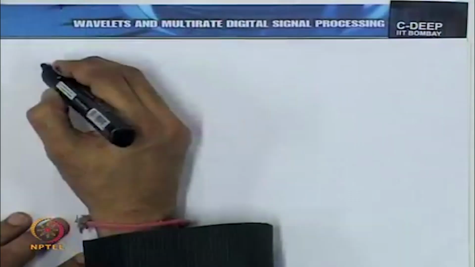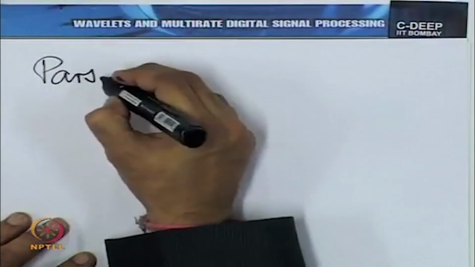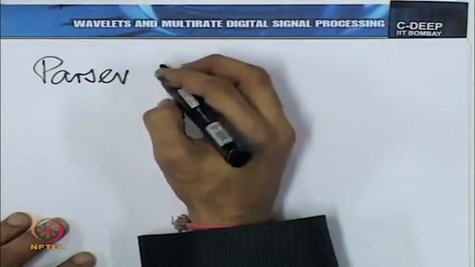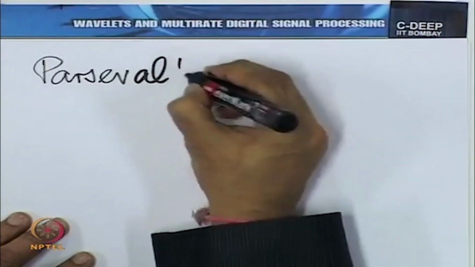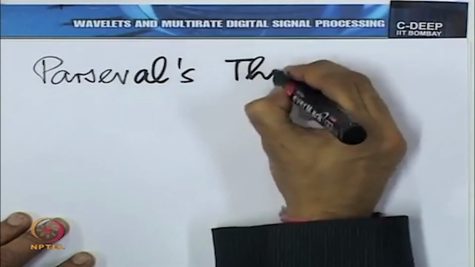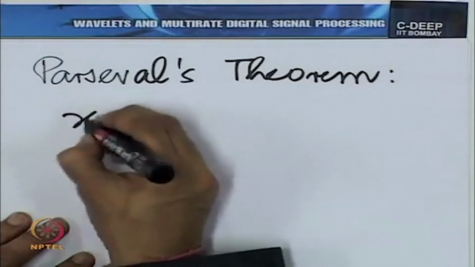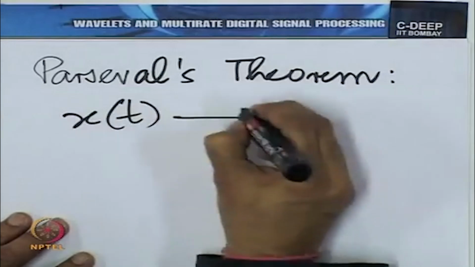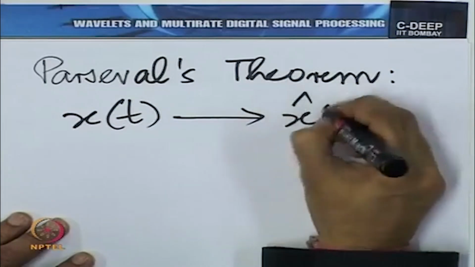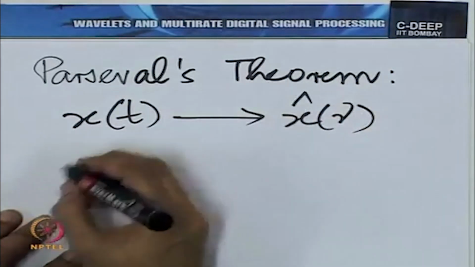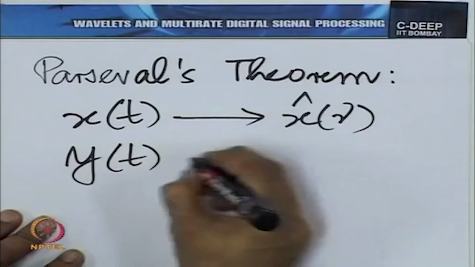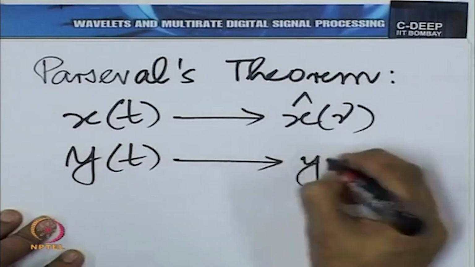What does Parseval's theorem say? Parseval's theorem says the following: if you have the Fourier transforms of x and y, so if x(t) has the Fourier transform, let us use the Hertz frequency variable, x cap nu, and y(t) has the Fourier transform y cap nu.